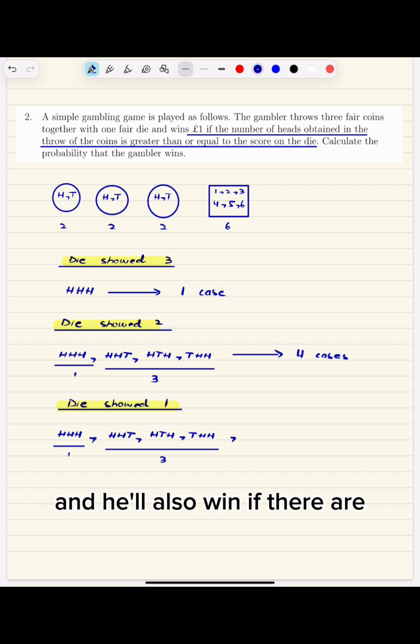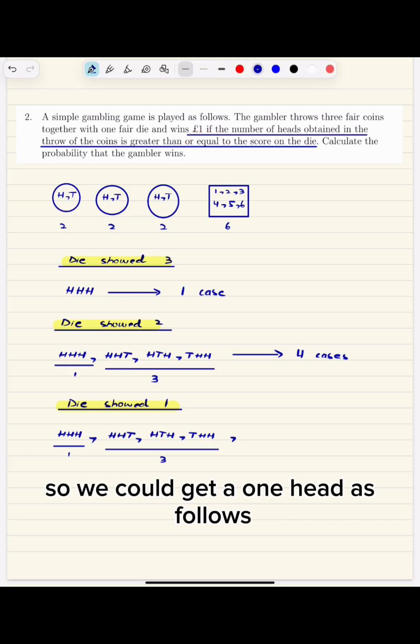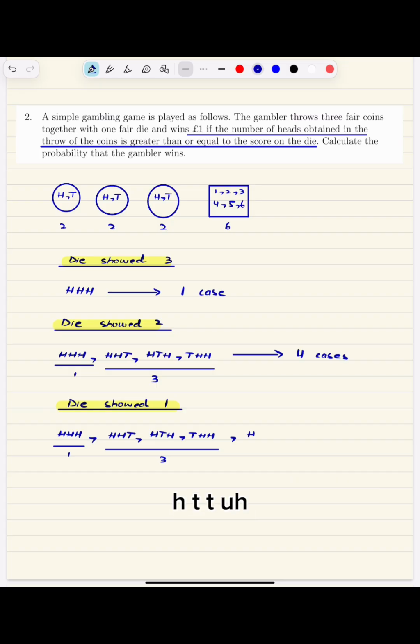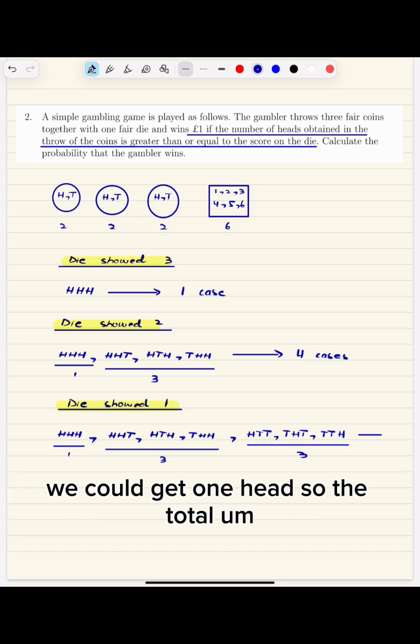And he'll also win if there is just 1 head, because he said greater than or equal to. So we could get 1 head as follows: H, T, T, or T, H, T, or T, T, H. So these are 3 scenarios where we could get 1 head.